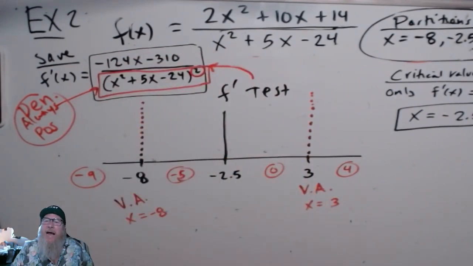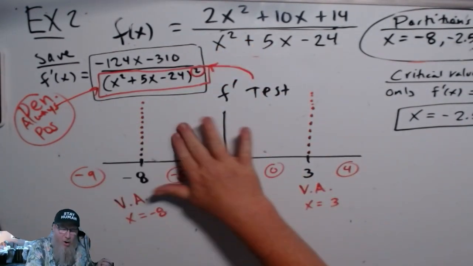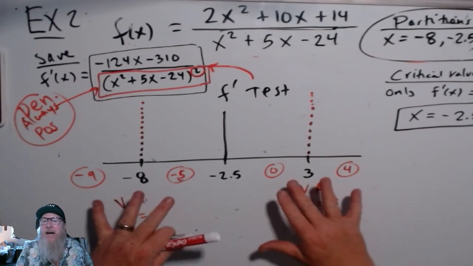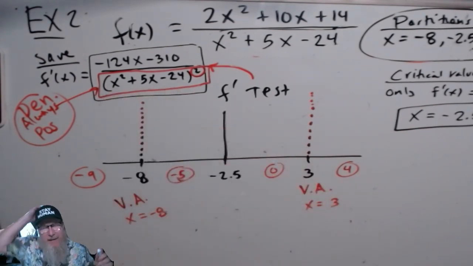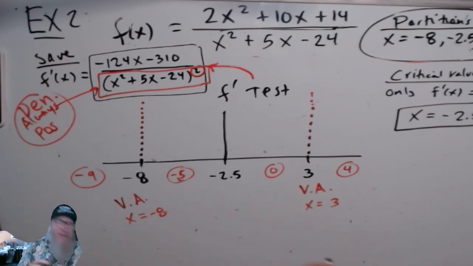So no matter what happens, I'm going to be doing the numerator divided by a positive number in all of these regions. In fact, I can save myself a lot of time by not even plugging in the denominator because I know it's going to always be positive.